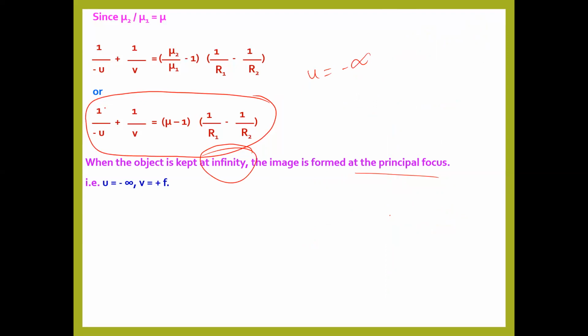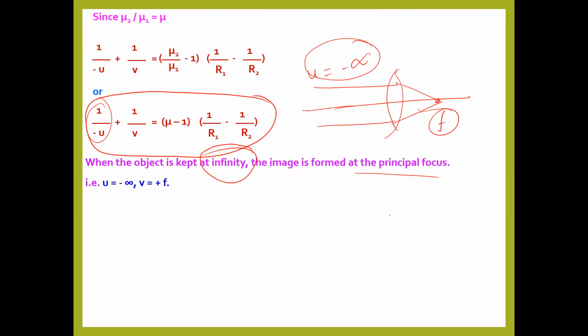Because if you put those values, we get the definition of a lens. When parallel light rays come from infinity, they meet at a certain point, and that point is defined as the focus. So what will happen if the object is at infinity? The image distance becomes the focal length of the lens. So U equals minus infinity, and V equals plus f. If we put those values, we get the focal length of the lens also.